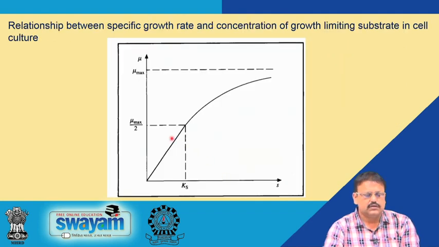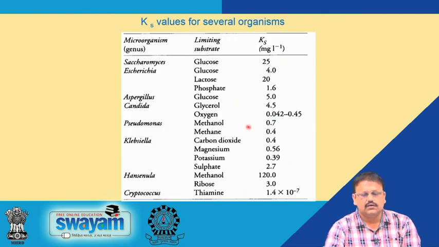A tricky calculation is there. If we consider mu equals mu max in the previous equation, we get the substrate concentration, which from that equation is nothing but the Ks value. Different microbes have different Ks values, tabulated here.